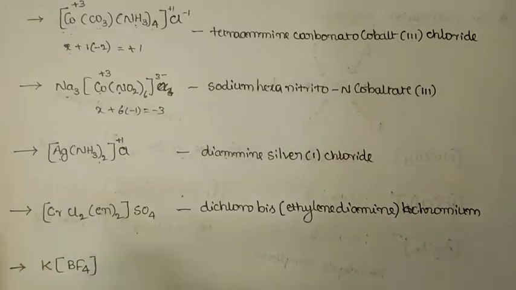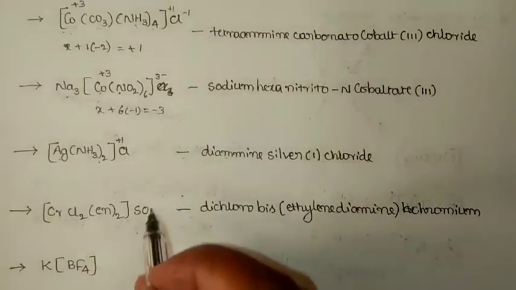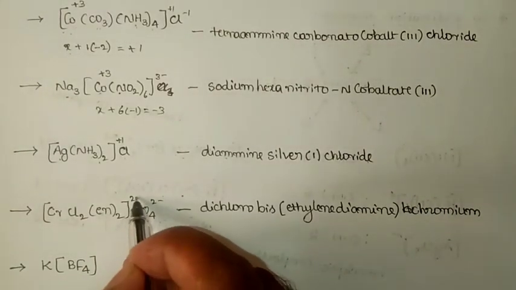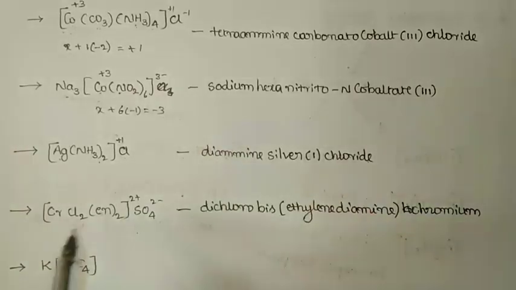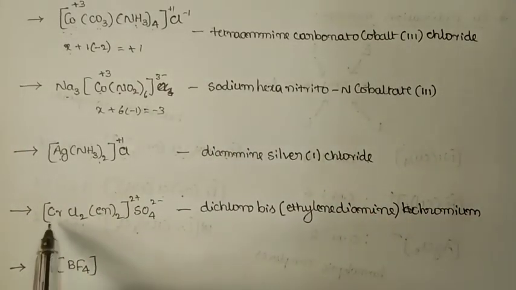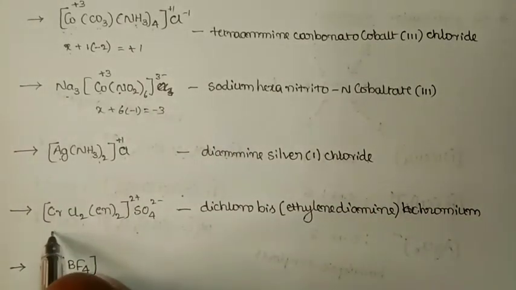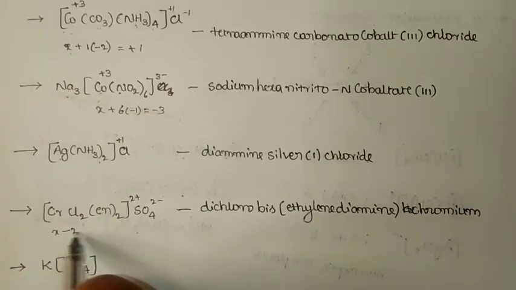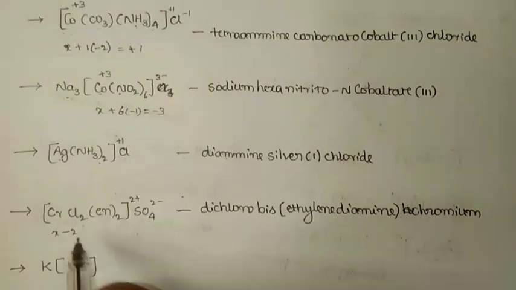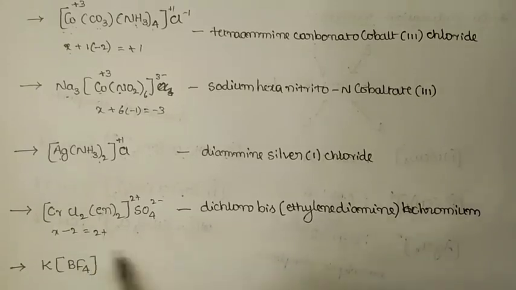and the oxidation state. Here SO4 charge is 2 minus, so it will be 2 plus. So what is the oxidation state? X, so minus 2, it's a neutral ligand, need not be considered, that equals 2 plus.